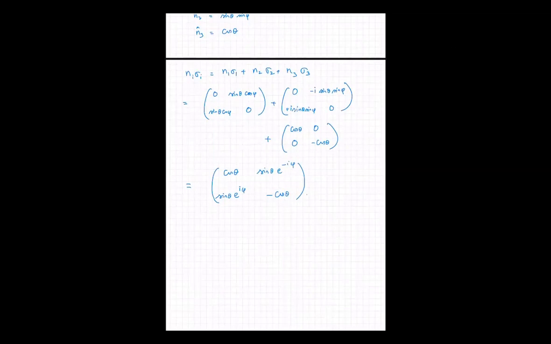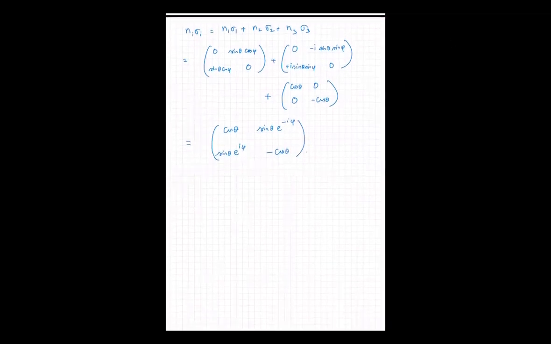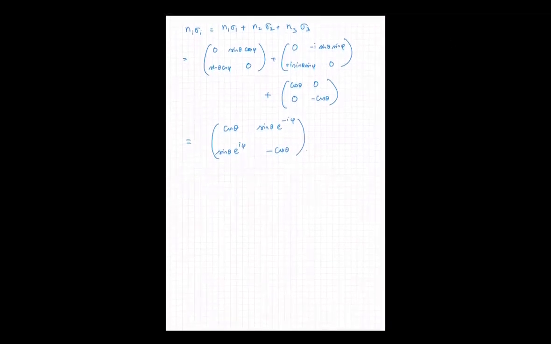Remember that in the tutorial sheet, you figured out that any 2 by 2 matrix can be written as a linear combination of the 4 matrices: identity and the 3 sigma i's.